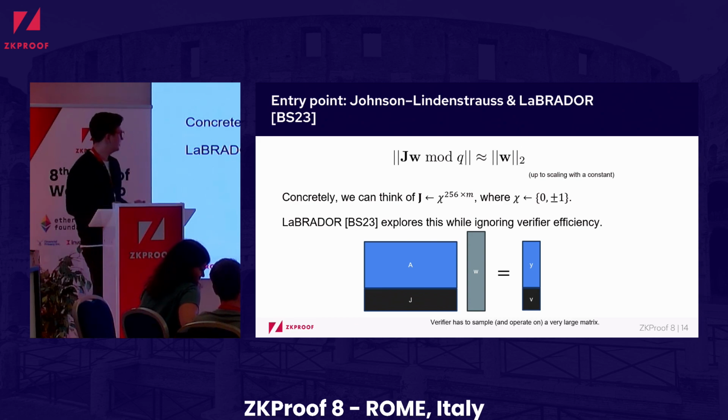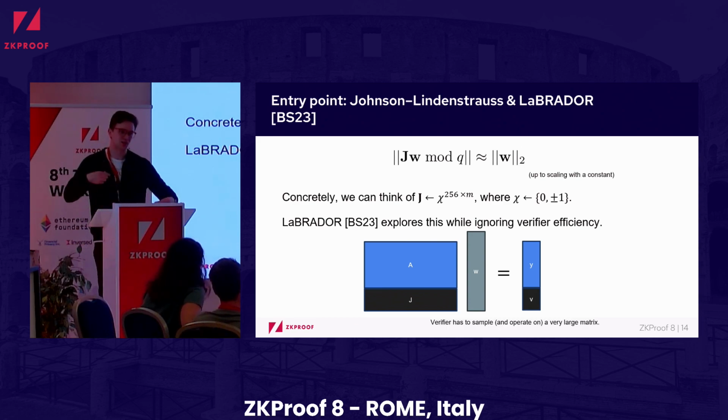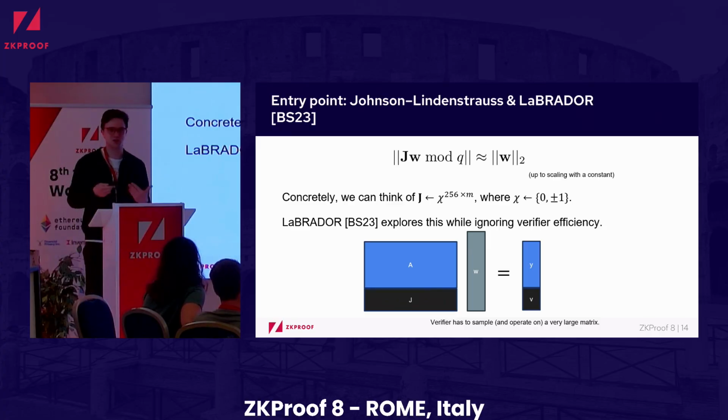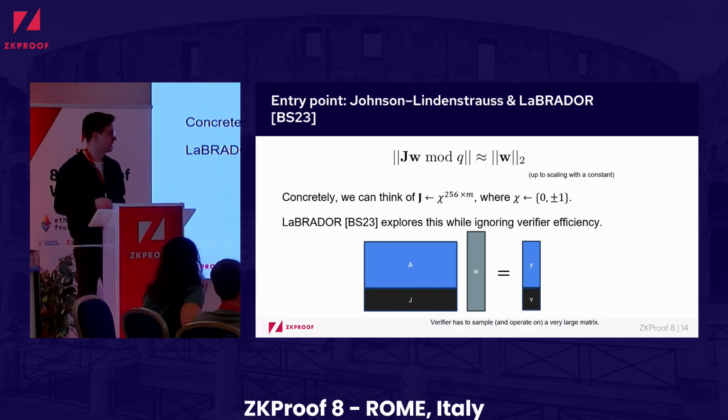It has the problem that now the verifier has to sample this matrix, because it comes from the verifier in the interactive setting, or it has to be derived from a hash. The verifier will sample and also further operate on this very large matrix, which is linear with the witness dimension.